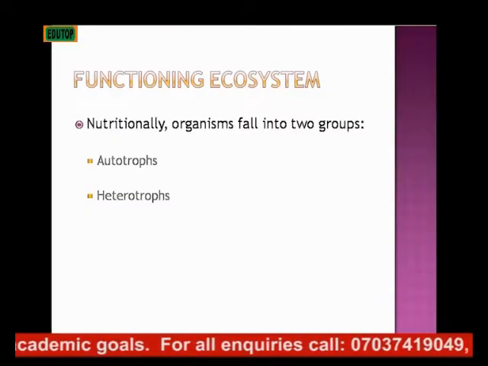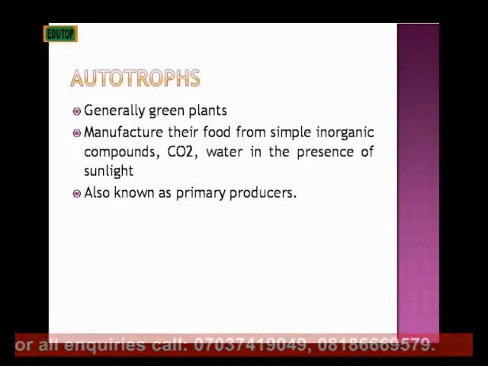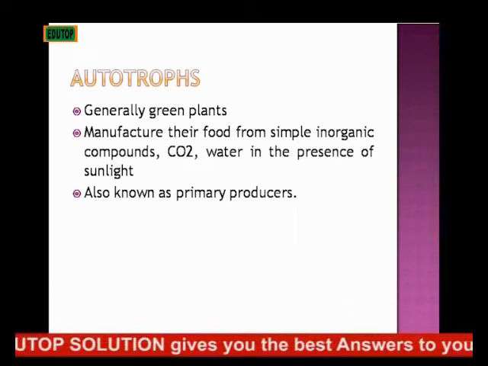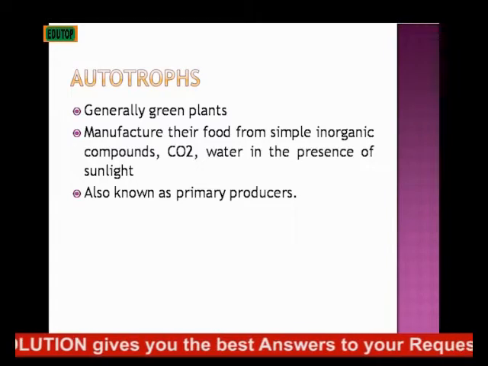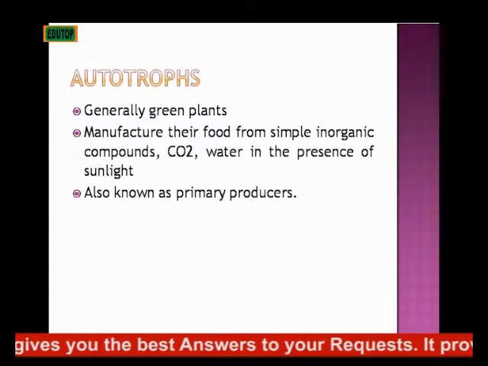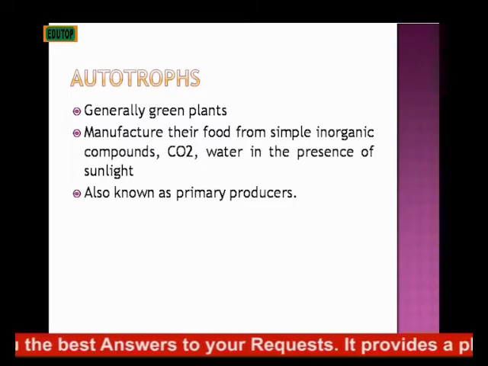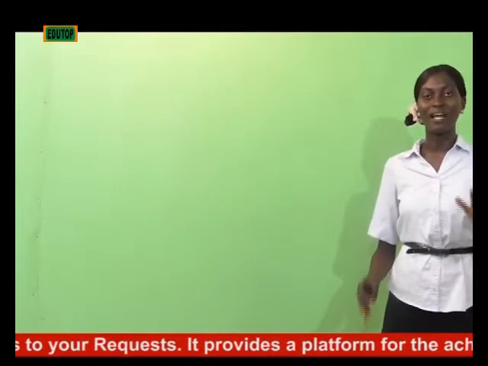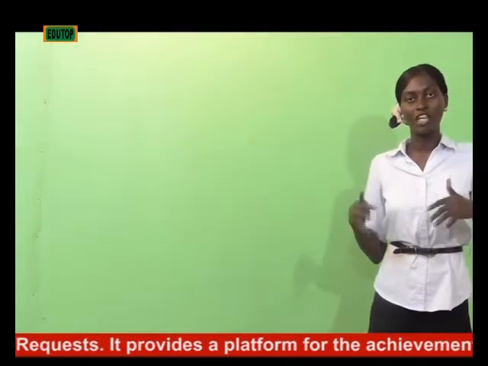Autotrophs and heterotrophs. What are autotrophs? Autotrophs are generally green plants, and they manufacture their own food from simple inorganic compounds, CO2 and water, in the presence of sunlight. They are also known as primary producers. They have the ability in them to manufacture their own food.